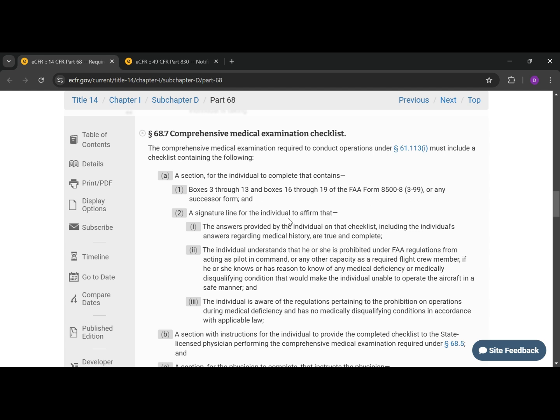a signature line for the individual to affirm that the answers provided by the individual on that checklist, including the individual's answers regarding medical history, are true and complete.